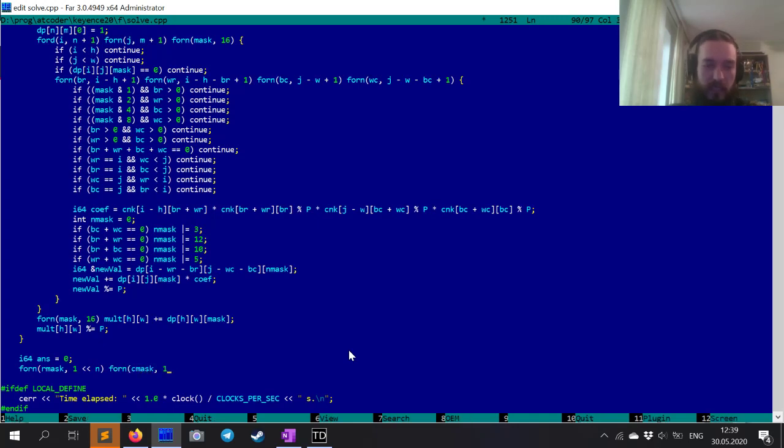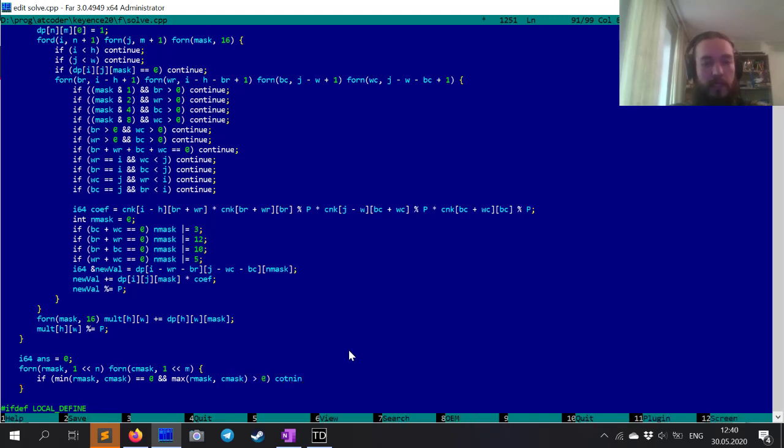C mask is the subset of the columns. We cannot have one mask empty and the other not. So if one of them is 0, the smallest is 0, but the largest is not 0, then this is not a state we're interested in. Now, is this subset good? Maybe.